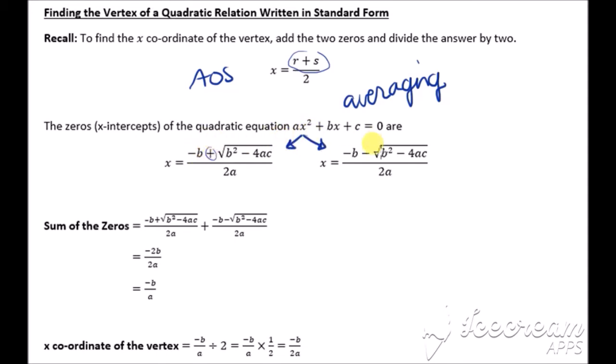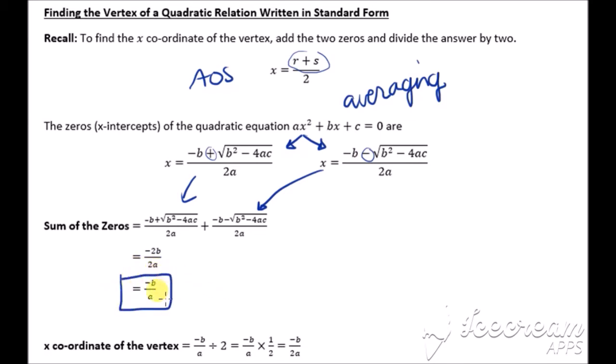So negative b plus square root of b squared minus 4ac all over 2a, and then the minus situation. So if we actually did all this work and we took the sum of these two zeros and then divided this by 2, what's going to end up happening is, sorry, this is just the sum of the zeros.